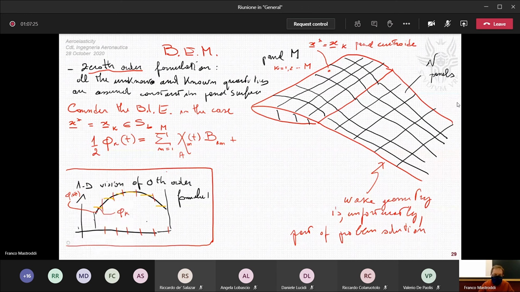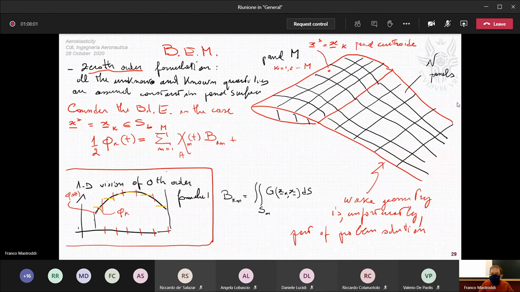BKM is equal to the integral of G evaluated in the xk point, fixed, the old x star, and with x variable in ds, but this is the panel M, and we are summing in M.